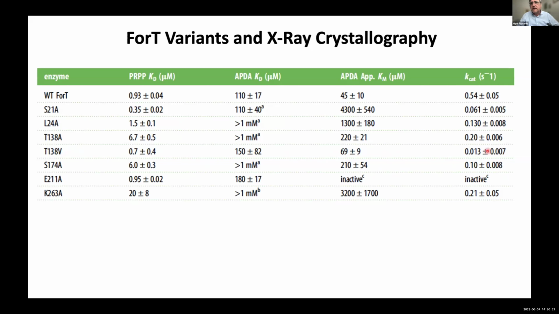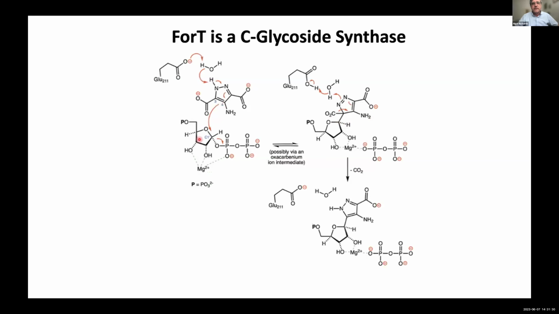I also want to point out the kcat value, which is about 1 per second, give or take a bit. Trying to get better accuracy is a waste of time. That corresponds to a barrier of around 13 kilocalories per mole for the rate limiting step. And the rate limiting step is almost certainly, I have evidence for this, forming the carbon-carbon bond.